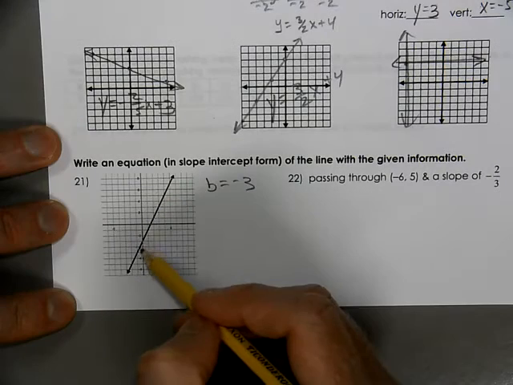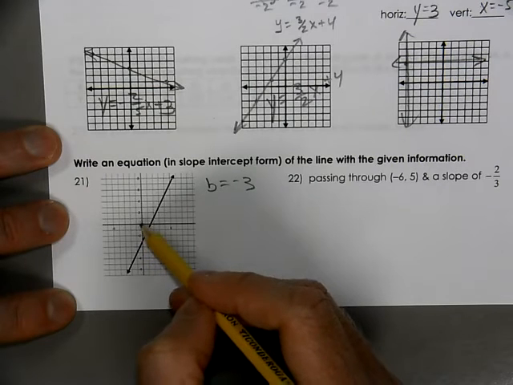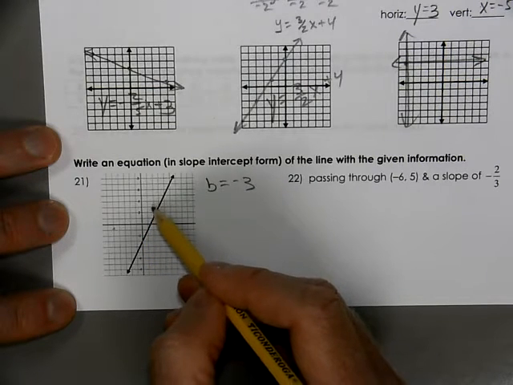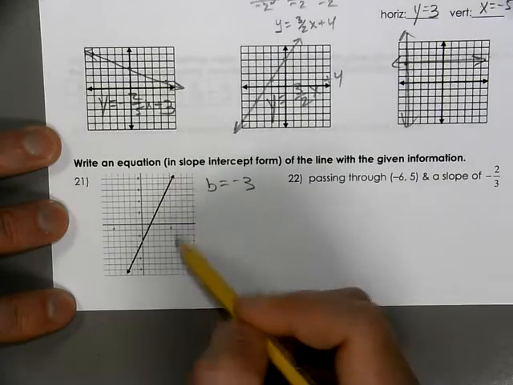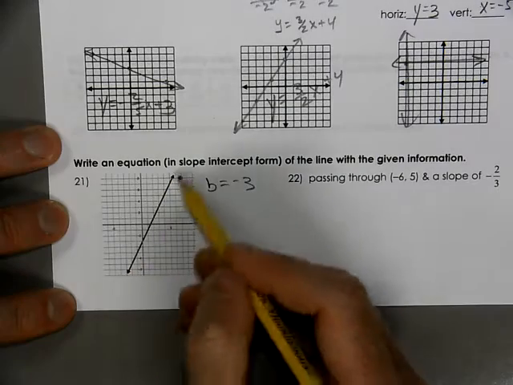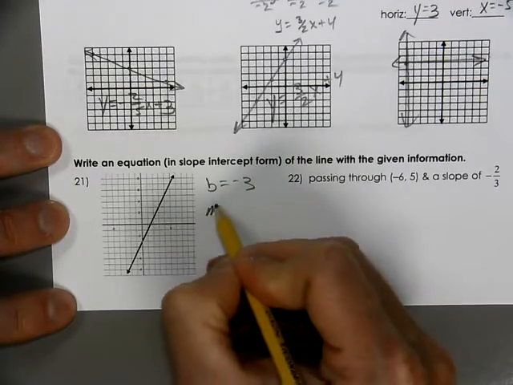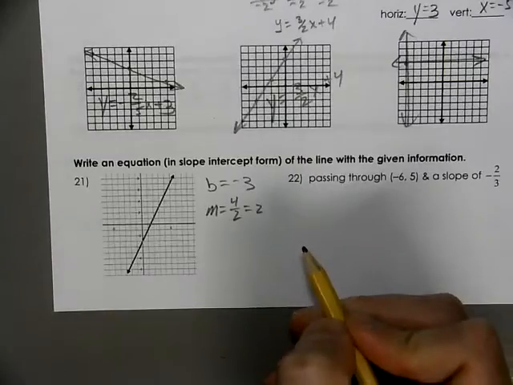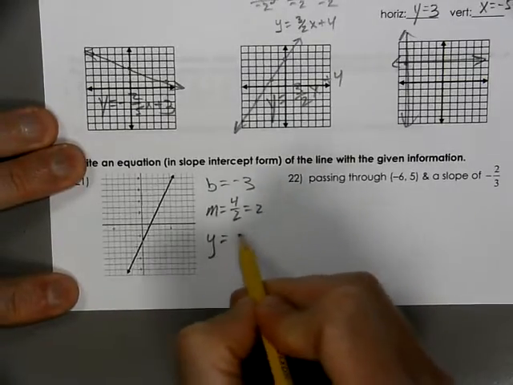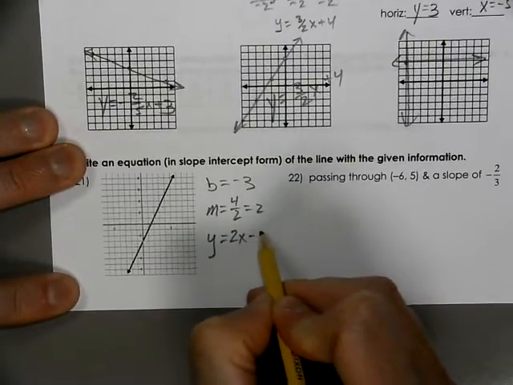Let's try that again. 1, 2, 3, 4 over 2. You want to test it all the way through to see if it holds that same slope. It looks like it went up 4 and it went over 2, which is a slope of 2. So your equation is 2x minus 3.